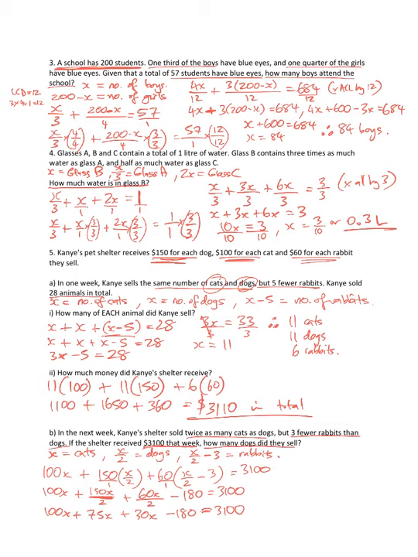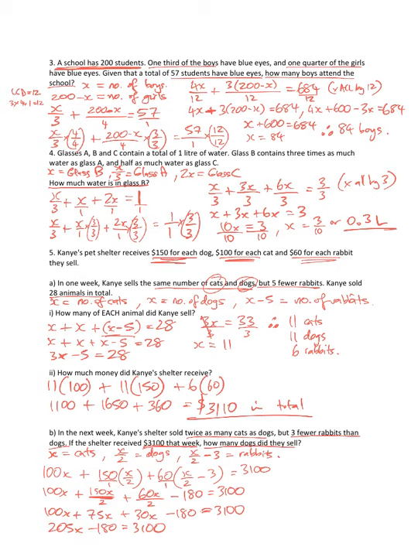So, how many x's do I have in total? 100x plus 75x, 175x plus 30x, 205x. 205x, take 180 is equal to 3100.